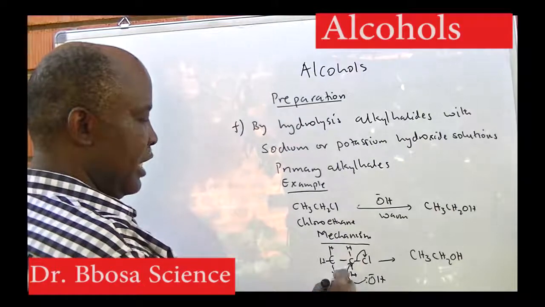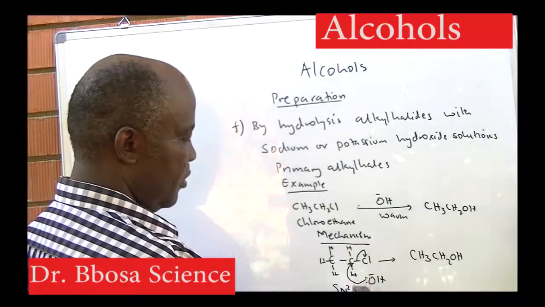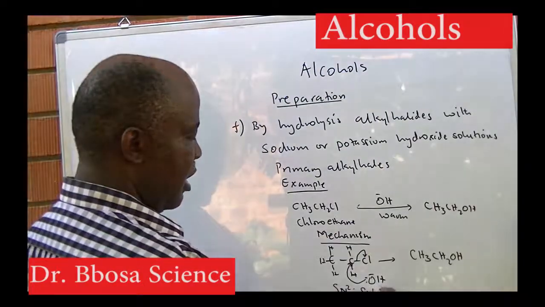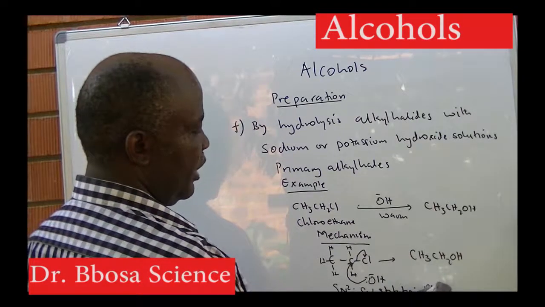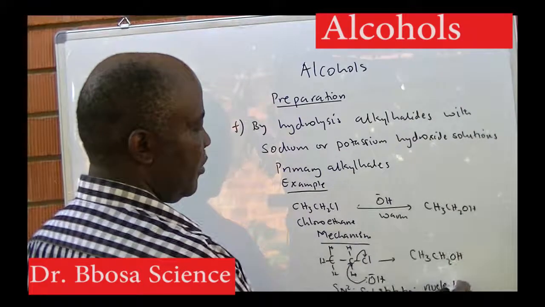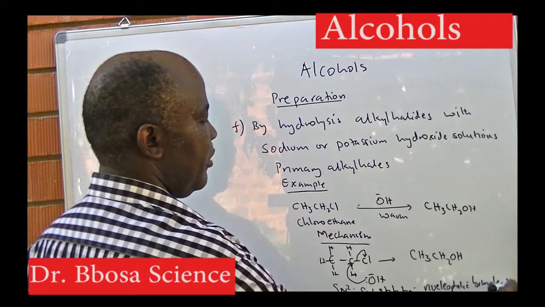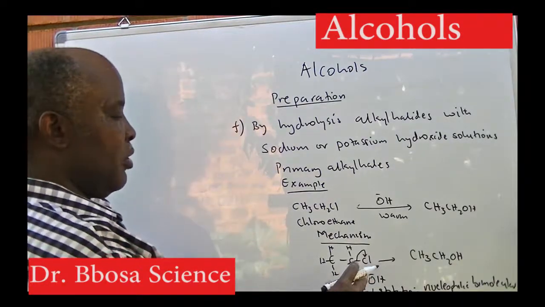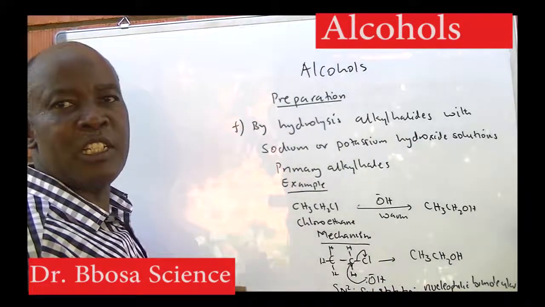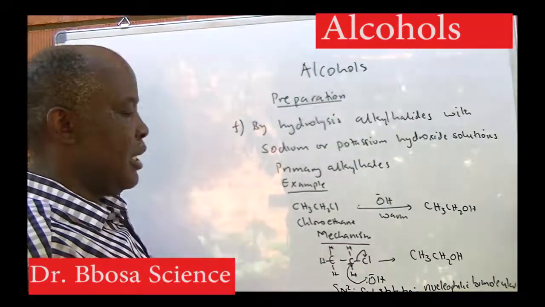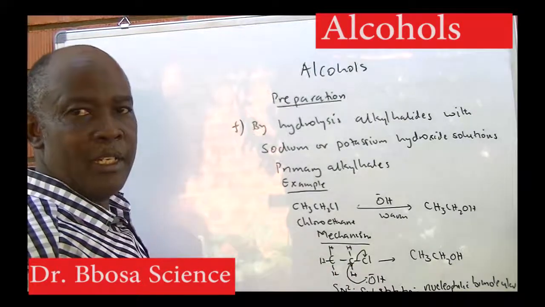The reaction is SN2, substitution nucleophilic bimolecular. The slow step involves two molecules, that is the hydroxide ion and the alkyl halide.